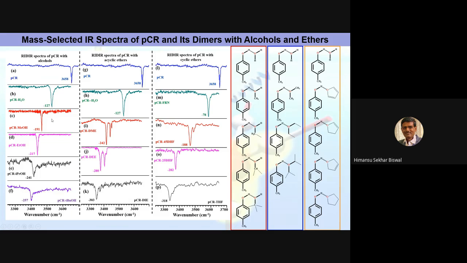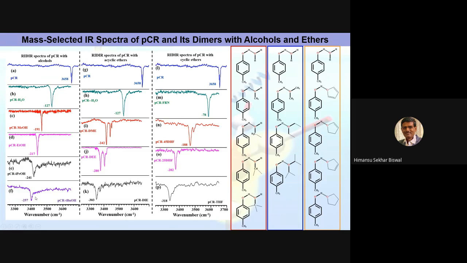It forms a stronger hydrogen bond if the charge on oxygen is more. So in our experiments, the alkyl group enhances the charge on the oxygen. Whether you take methyl or ethyl or isopropyl or tertiary butyl, it is more and more red shifted.